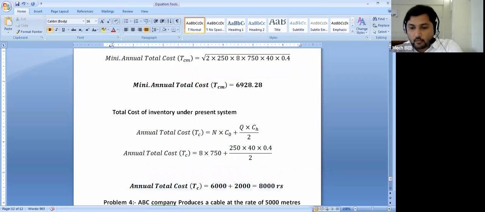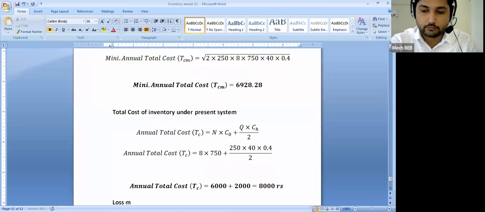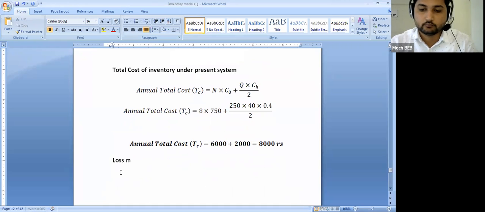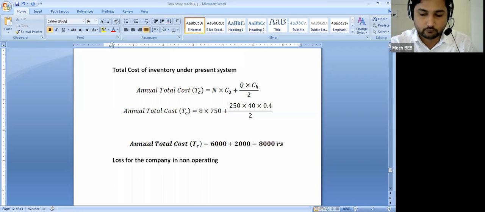And how much loss for the company in non-operating scientific inventory?